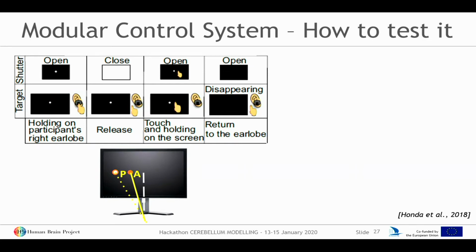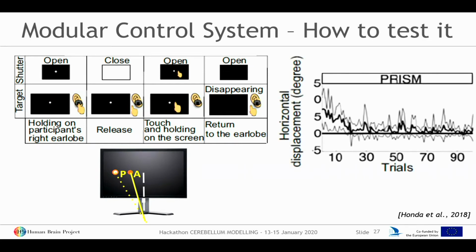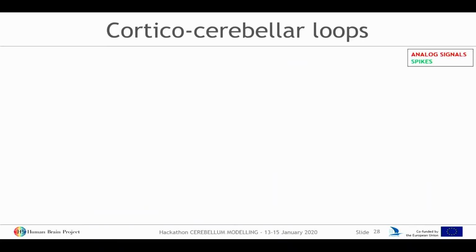At the beginning, the subjects committed errors on the position where they touched, and then gradually, thanks to the adaptation given by the cerebellum, the error gradually decreased over some tens of trials. And then they tried different experimental conditions in which they switched off one of the two modules of the cerebellum, and they saw different dynamics in the adaptation. So this is what we would like to do with a realistic model.